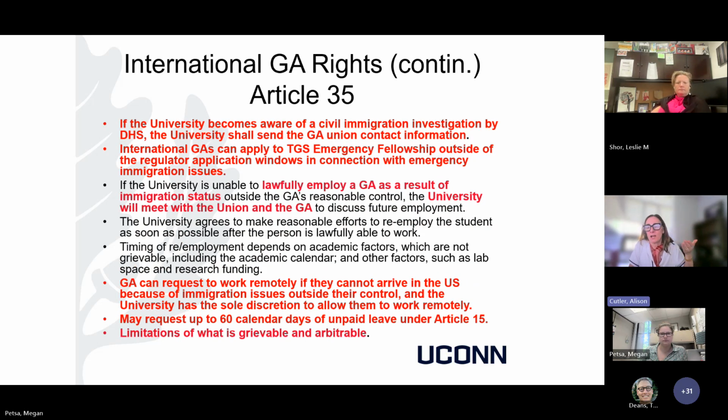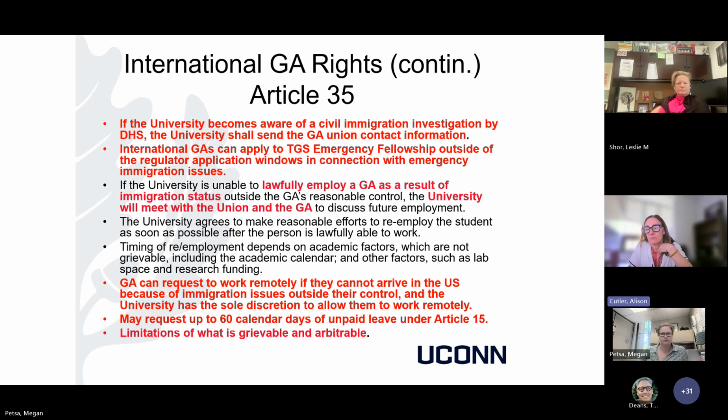These processes were put in there to give that GA that support and the extra care so that they can get back into their position as soon as possible. And then, there's a provision in there that says that they can work remotely if they can't arrive, or we can review a request for them to work remotely.